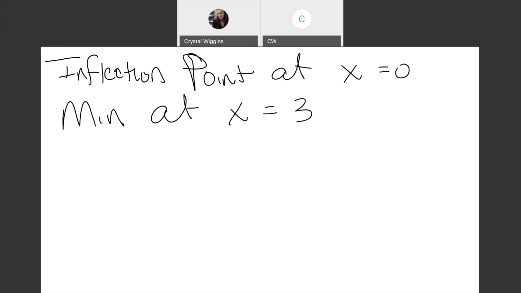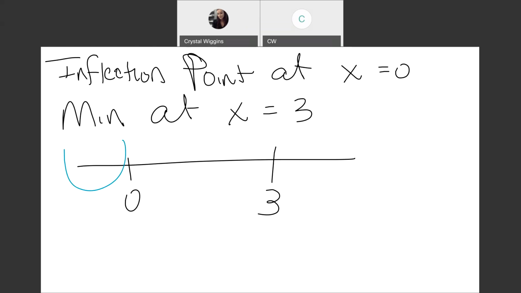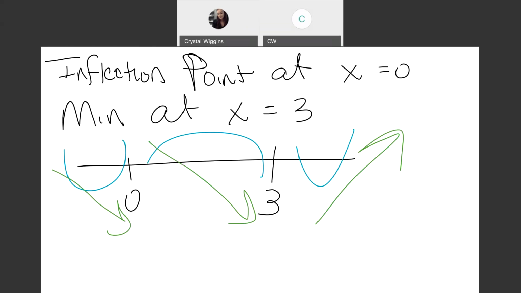We know that to the left of 0, we are concave up according to the second derivative test. Between 0 and 3, we're concave down, and to the right of 3, we're concave up again. For the first derivative test, we know that we were decreasing, and then increasing.